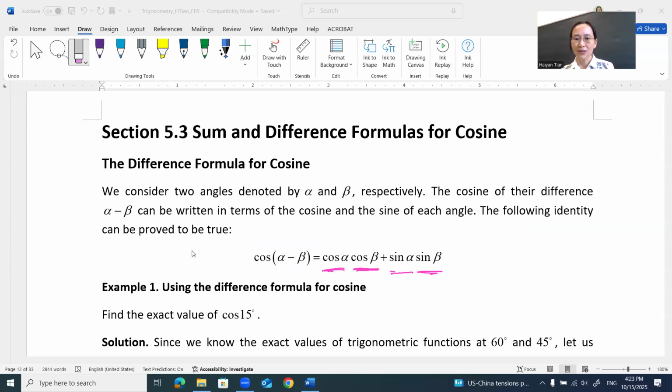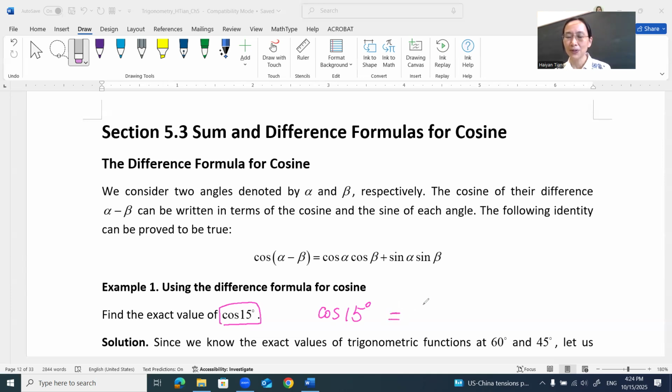Yeah, so let's apply it to a case. Suppose we are looking for the exact value of cosine 15 degrees. 15 is not a special angle. We know some trigonometric function values of special angles, right?